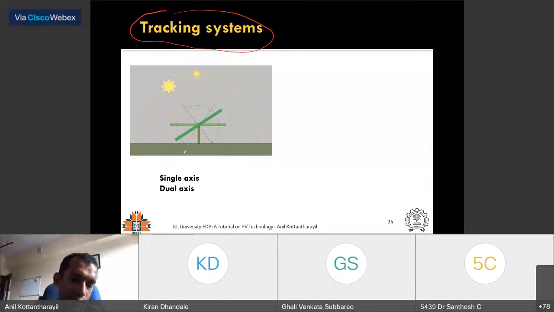Single axis tracking means that from morning to evening, the sun is being tracked. Dual axis means that there is also a seasonal variation, right? June to December, for example, you will see this happening. Meaning throughout the year there's a small change that we usually don't recognize from day to day, but across different seasons. So you can also have dual axis tracking.